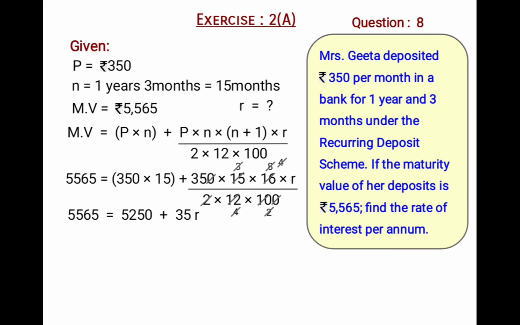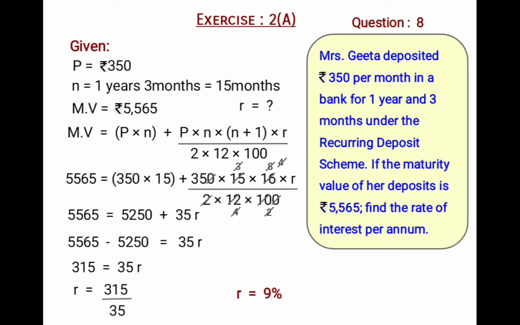So we will get 5565 minus 5250 is equal to 35R. On subtraction, we will get 315 is equal to 35R. That is, R is equal to 315 divided by 35. On further simplification, we will get R is equal to 9%.